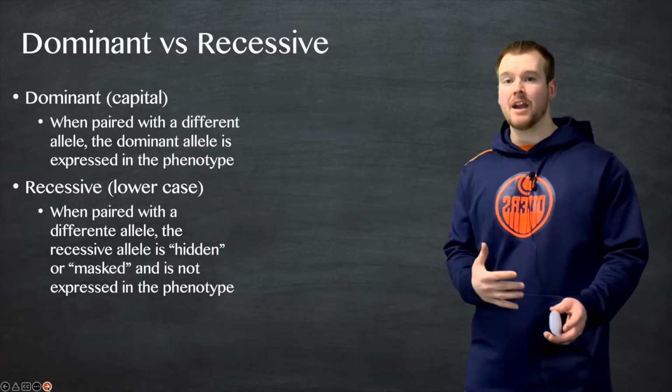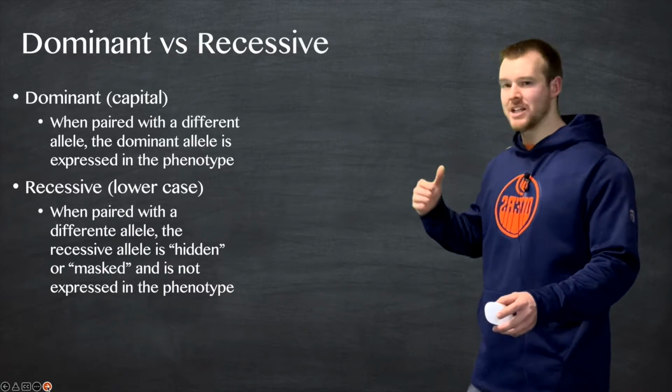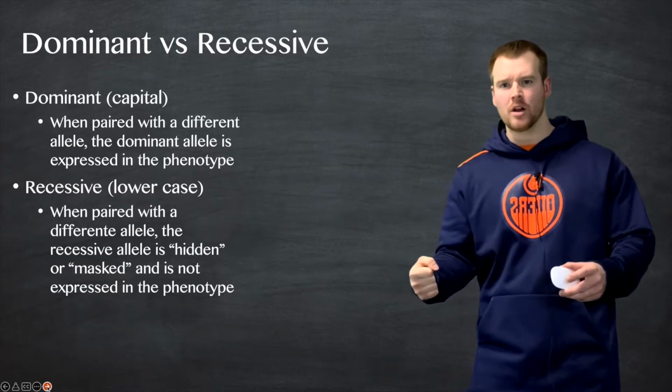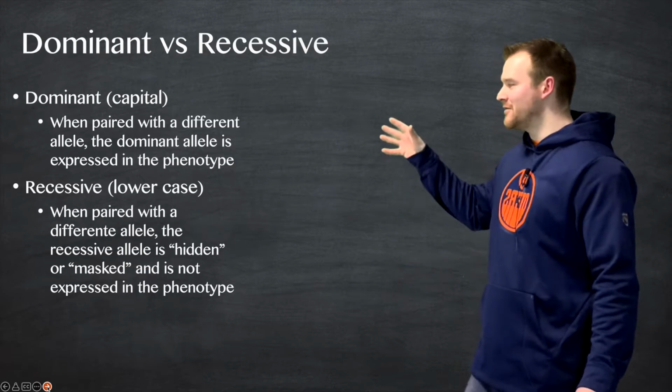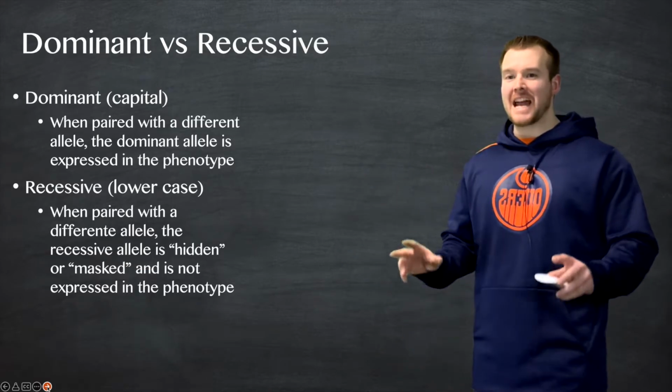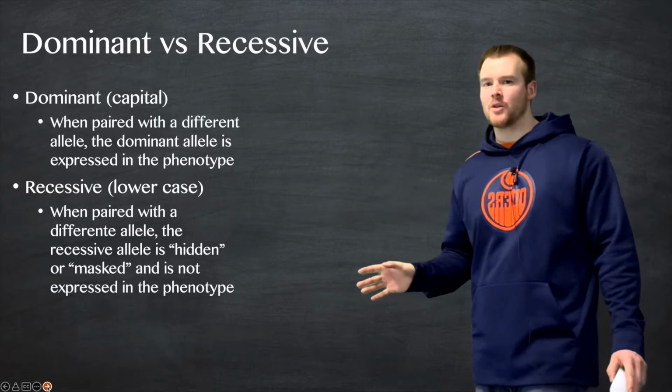Dominant means that when it's paired with another allele, so another version of that gene, that one is going to show. It's going to kind of overpower, it's going to dominate the other allele. And recessive is the one that gets kind of dominated or gets kind of masked or hidden. When there's both of these, that one is not going to show.